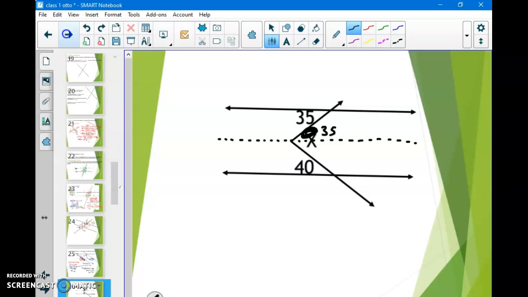And this one would also be alternate interior, so that one would have to be 40. So the measure of this angle in here would be 35 and 40, which gives me a 75-degree angle. I think there's one of those in your homework, so I threw it in here.